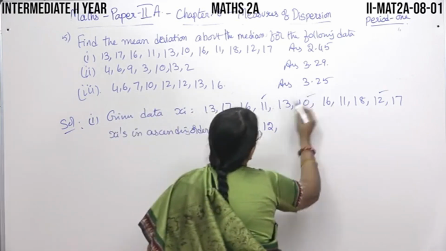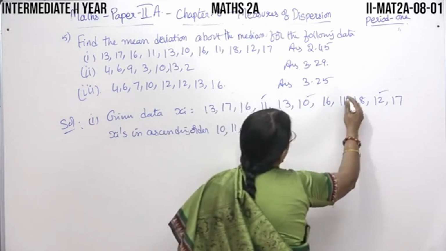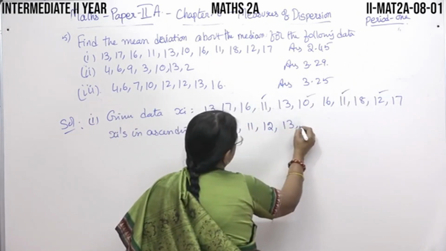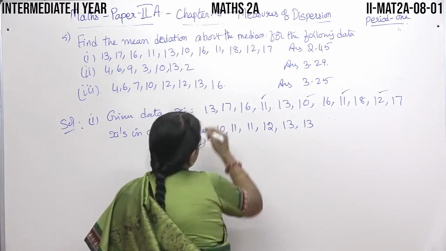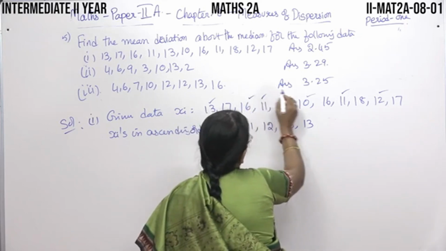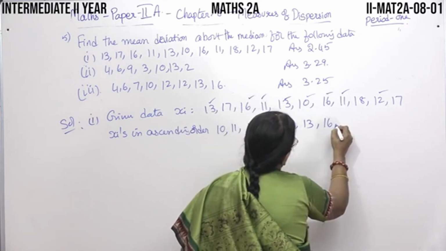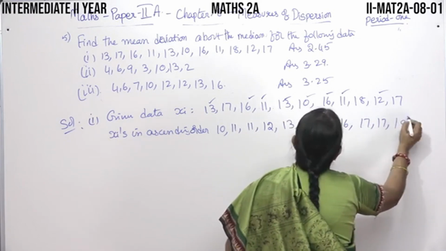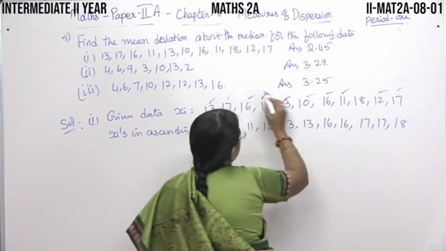Then 11, 2 times. And then 12. Next, 13, 2 13s. Next 16, 2 16s. Next 17s and then 18. 2 17s and then 2 18s.